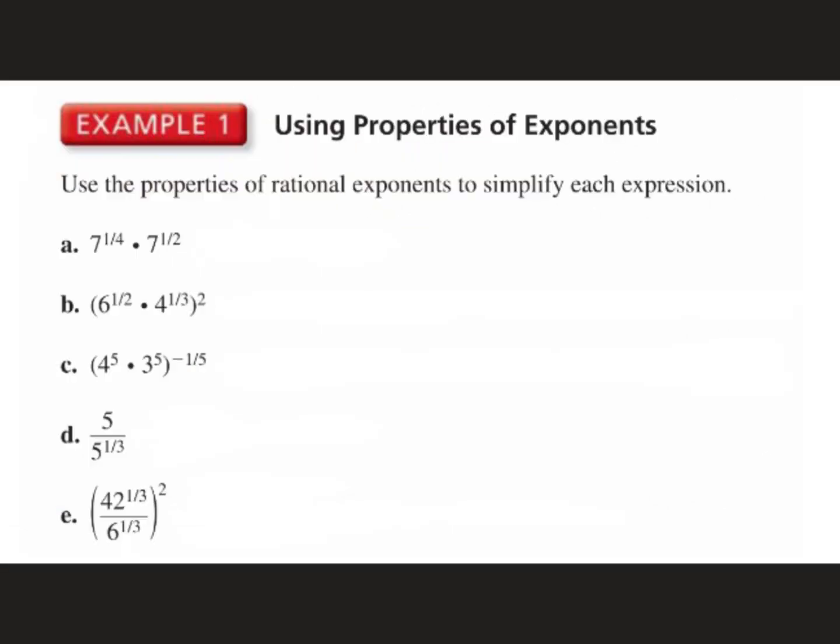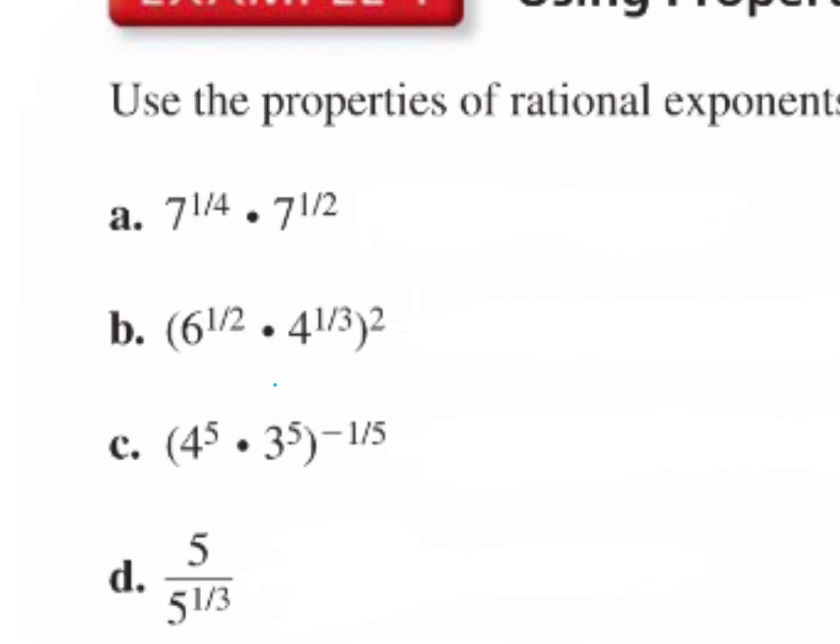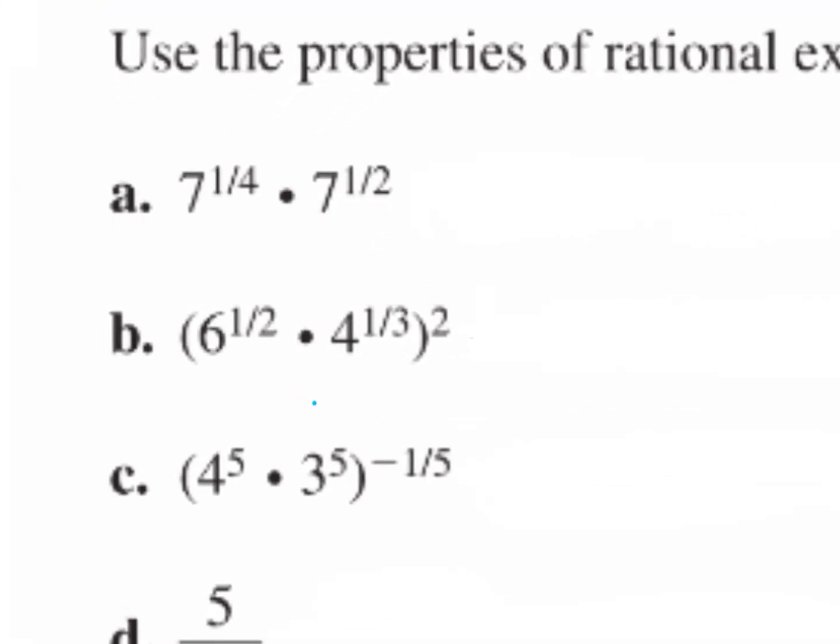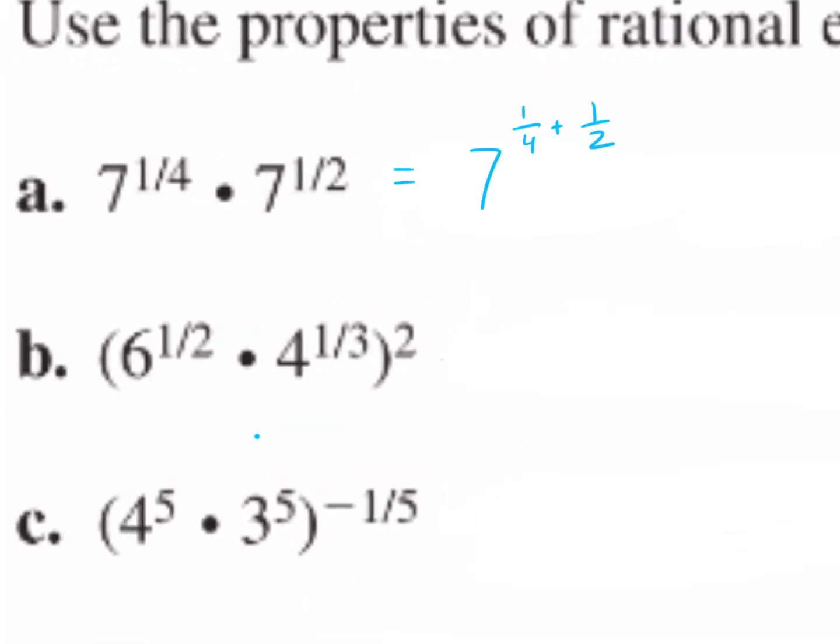All right, so let's look at example 1. So A, they have the same base and I'm multiplying. What do I do to the exponents? Add them. Our favorite fraction. So I have 7 to the power of 1/4 plus 1/2. What do I need in order to add fractions together?